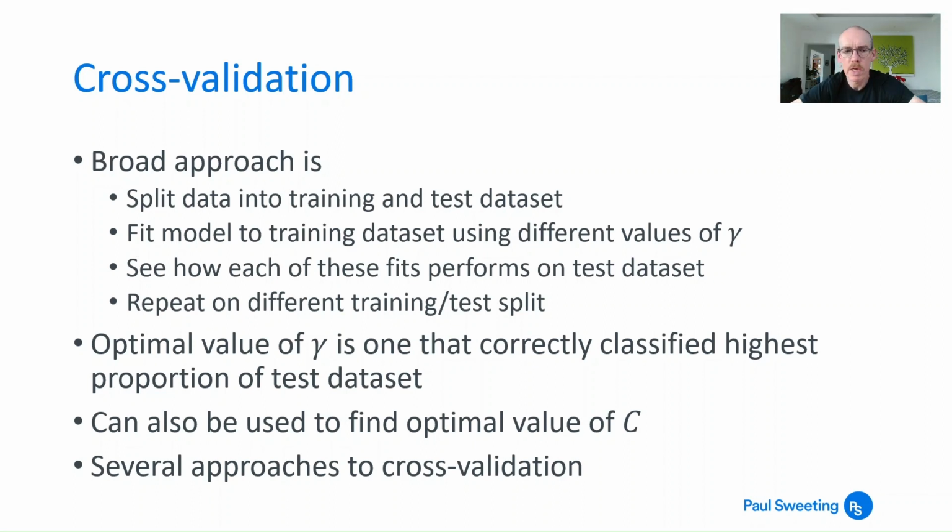Now, you can also use this to try to find the optimal value of C in a soft margin support vector machine. As I say, there's a number of different approaches you can use for cross-validation, but it does just reinforce that when you're looking not just at what your parameter gamma should be, but also how soft the soft margin should be, because the chances of you getting a hard margin SVM with real-life data is pretty slim.